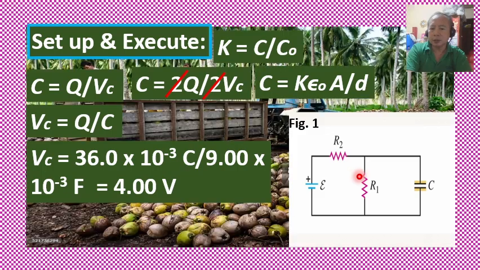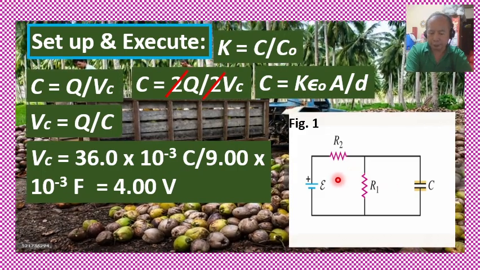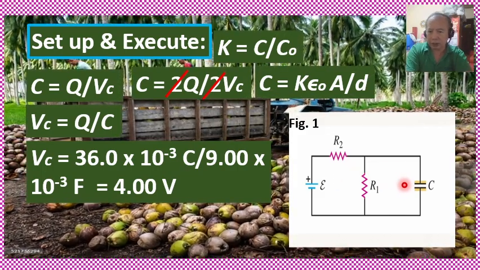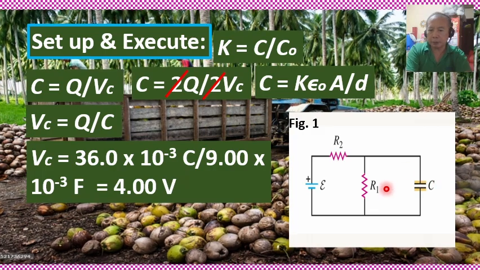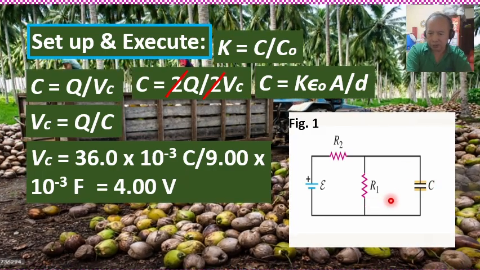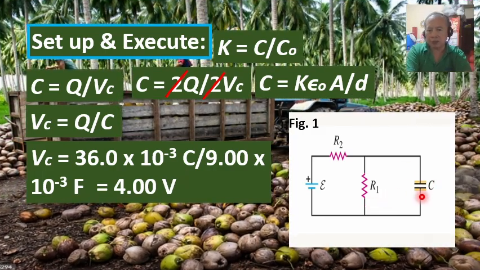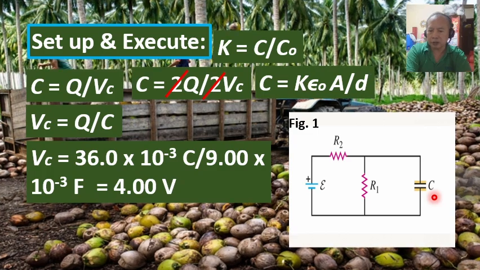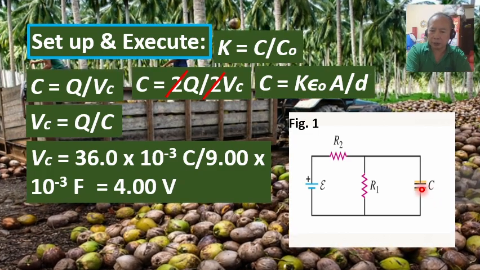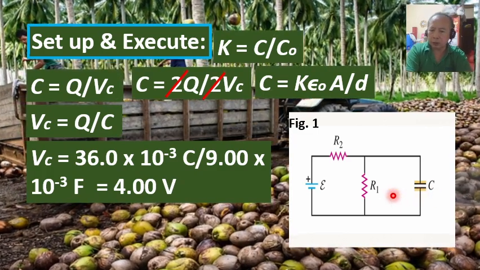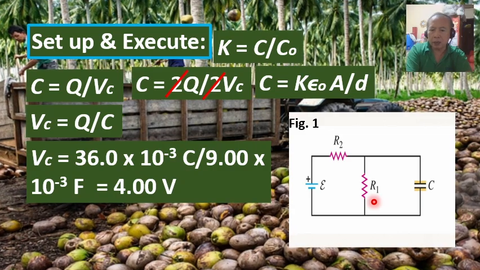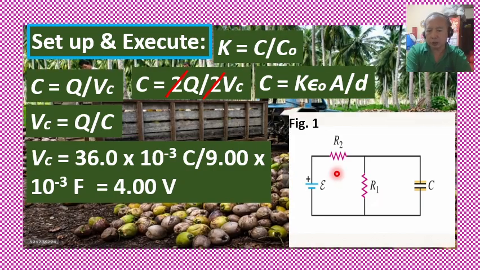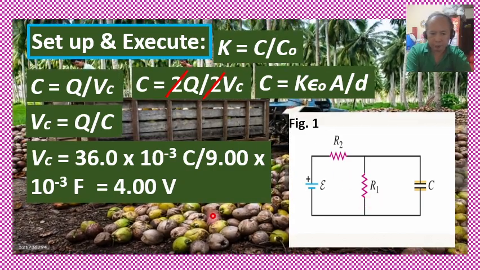And as shown in figure 1, we can see that the capacitor is connected parallel to the resistor R1. So that makes the voltage across the capacitor the same as the voltage drop across the resistor R1.